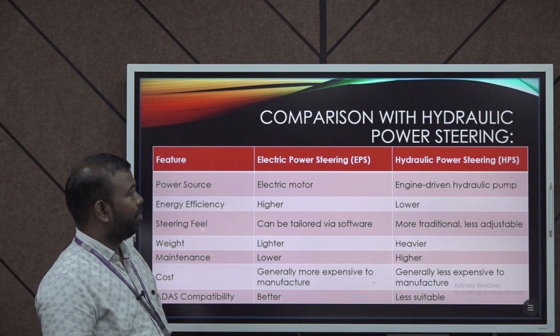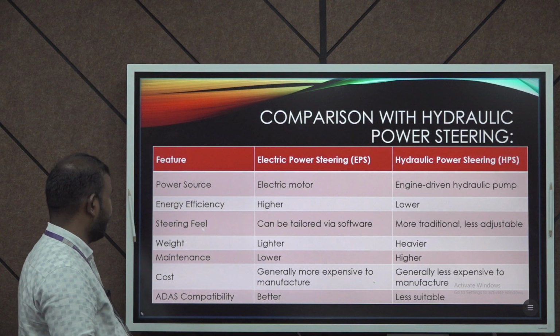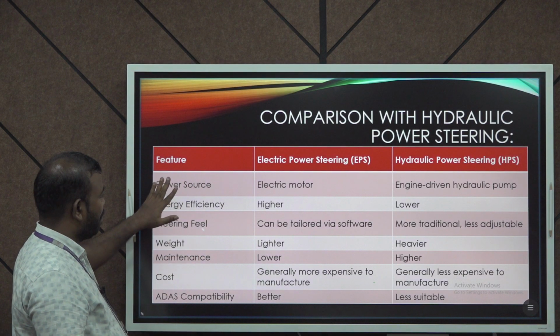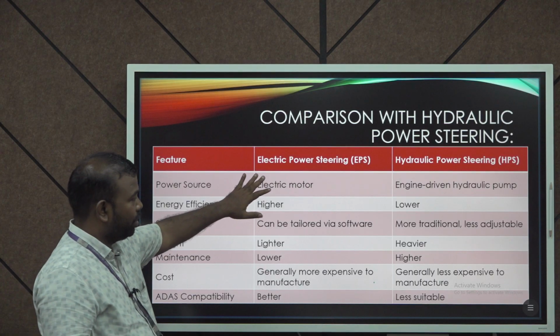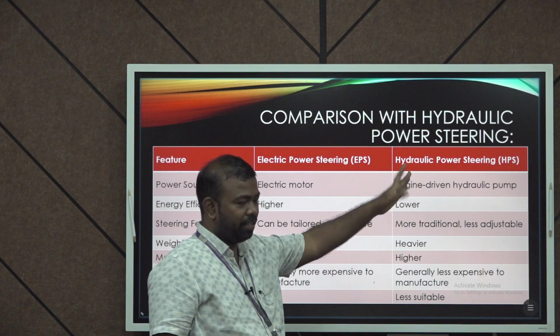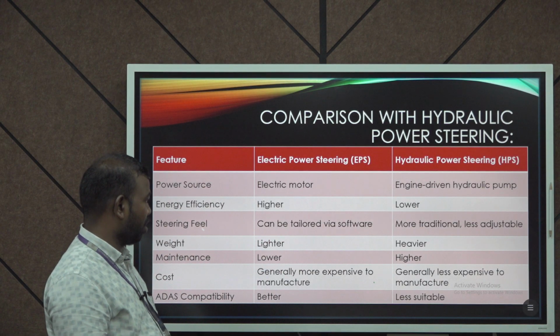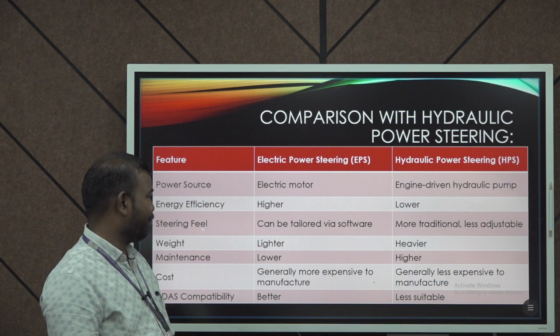This is the comparison of hydraulic power steering and electrical power steering. These are the features. For the power source, here we need to use an electric motor, but in a hydraulic system we need a hydraulic pump, and also we need a motor for driving the hydraulic pump.